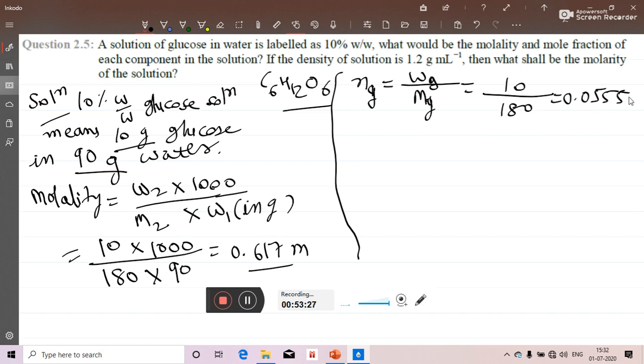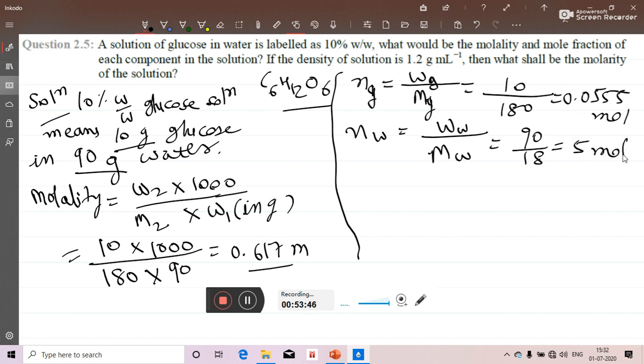and number of moles of water will be equal to weight of water upon molar mass of water. So mass of water is 90, molar mass of water is 18, so that is equal to 5 moles. So mole fraction of glucose is equal to number of moles of glucose upon number of moles of glucose plus number of moles of water.